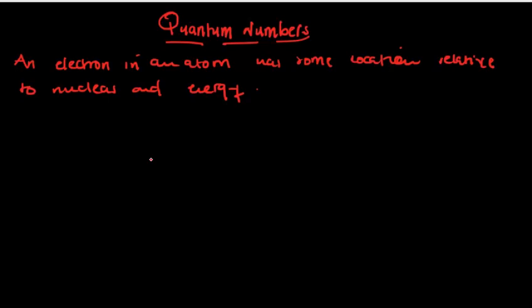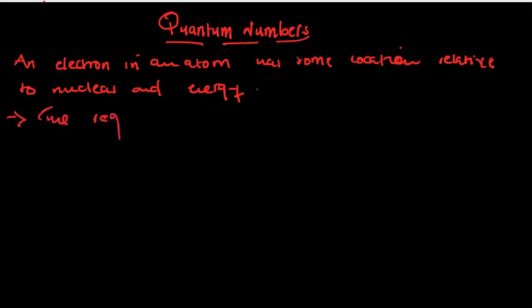So now we need to understand that the probability of finding an electron at a certain point is commonly known as the orbital. Instead of the probability, we are saying the region.